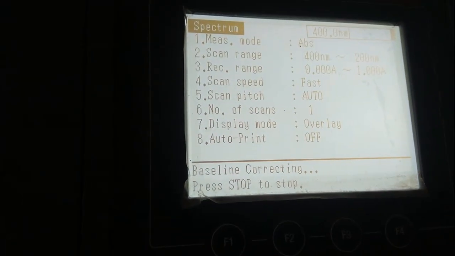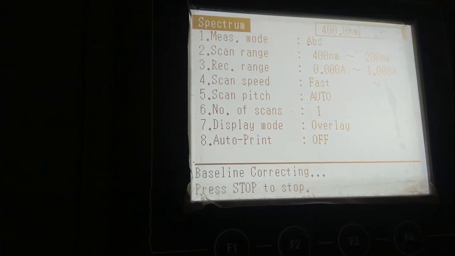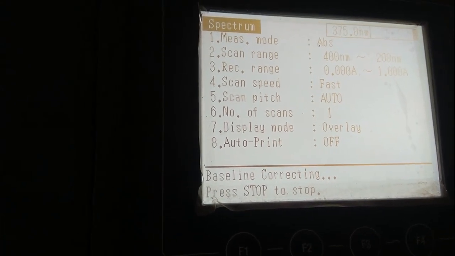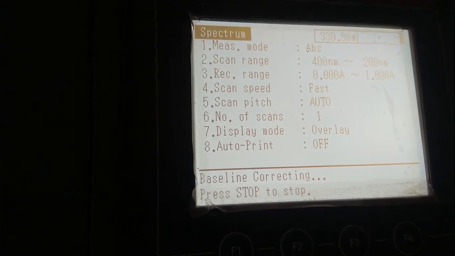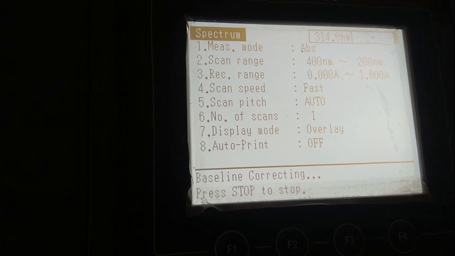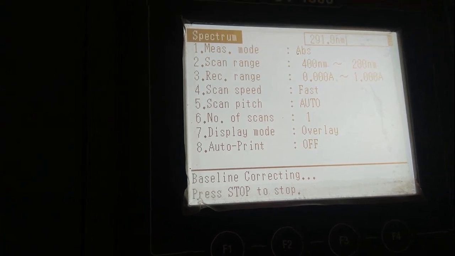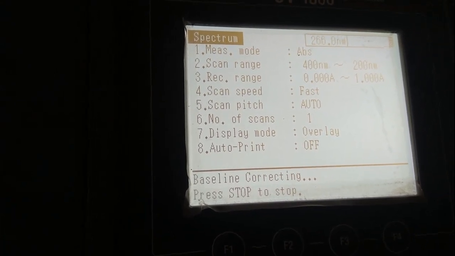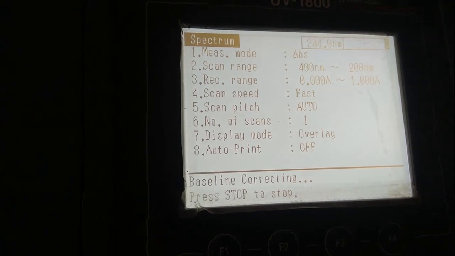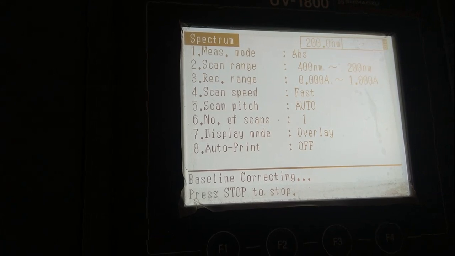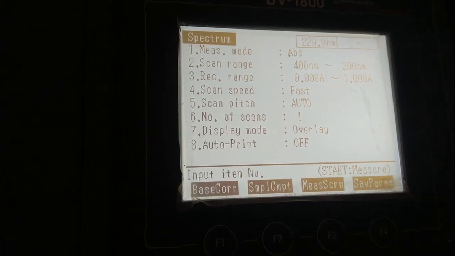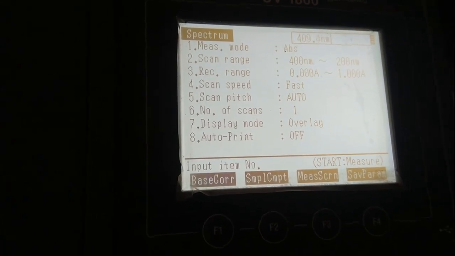You can see baseline correction has now started. So baseline correction has been completed.